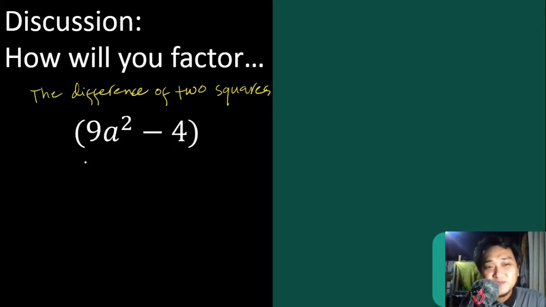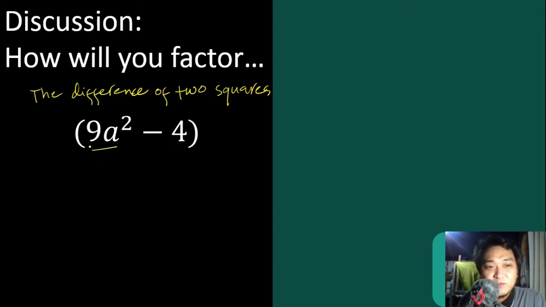So, ito rin yung example natin kanina, 9a squared minus 4. So, how are we going to factor out this particular difference of two squares? So, check first the first term kung siya ay square of a term or square of a number.